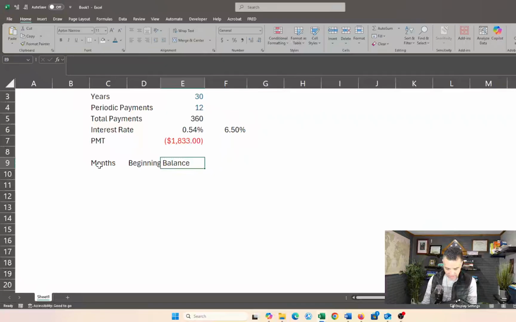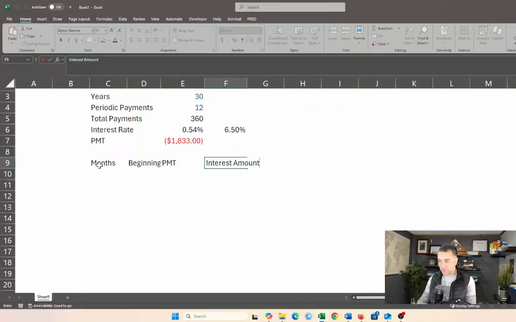And then in E, we'll put down PMT, our payment that we already have calculated up there. And then I want to know the interest amount paid. So it's the amortization per month, the interest paid. And then I want to know the principal.